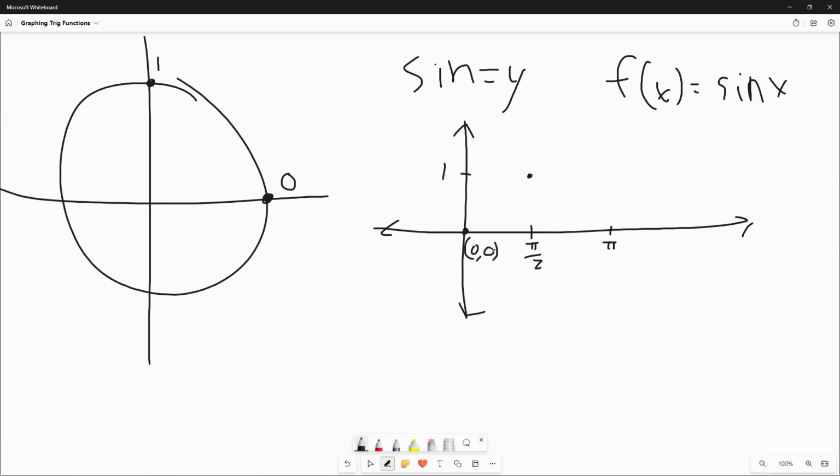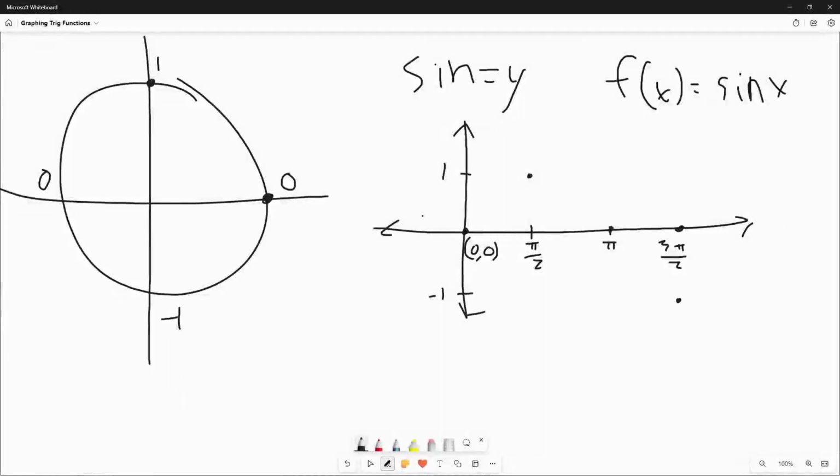For example, pi, this is 0, it's a point here. And 3 pi over 2, this is negative 1. You can keep testing values, but this is what the graph is going to look like.